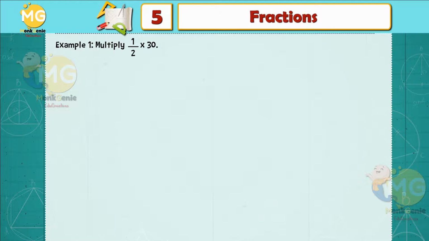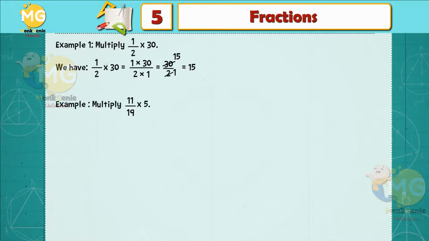Example 1: Multiply 1/2 × 30. We have 1/2 × 30 = (1 × 30)/(2 × 1) = 30/2 = 15. Example 2: Multiply 11/19 × 5.